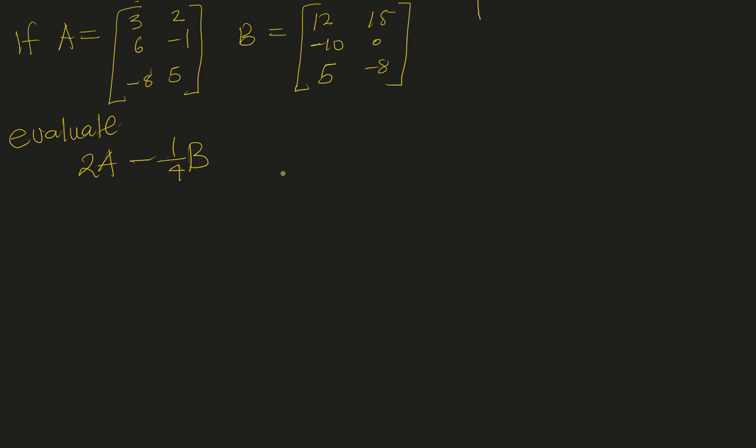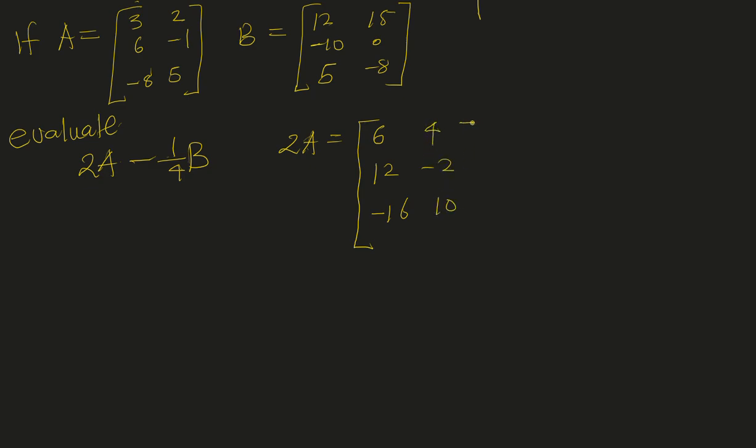So how do I do this? The first thing you do, you can split it or you can do it together. But just to avoid confusion, let's work on 2A first. What's 2A going to be? 2 times every one of the entries in A. That's 2 times 3, that's 6, 12, negative 16, 4, negative 2, and 10.